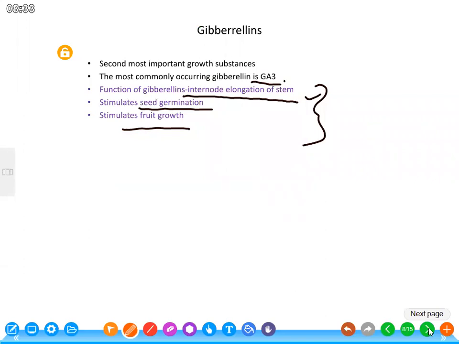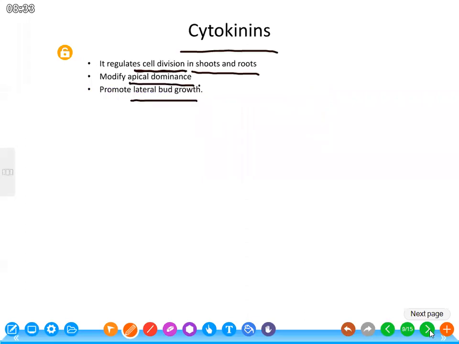Second one, gibberellins. This is the second most important growth substance, and these are the functions of gibberellins: internode elongation of stem, stimulates seed germination and stimulates fruit growth. Third one, cytokinin.